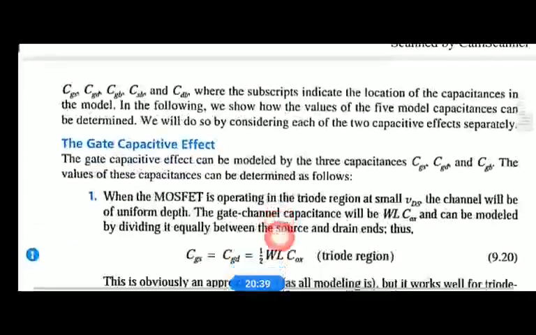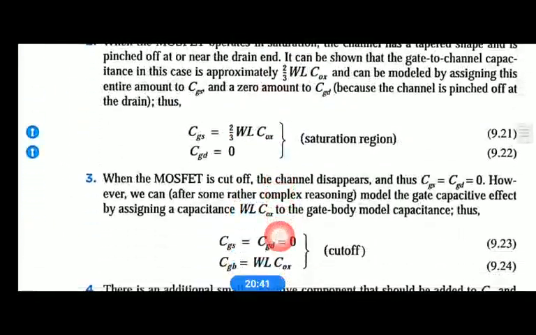Hence CGS, the gate to source capacitance, is approximately 2/3 of W L COX, whereas for CGD we consider the capacitance to be approximately zero.